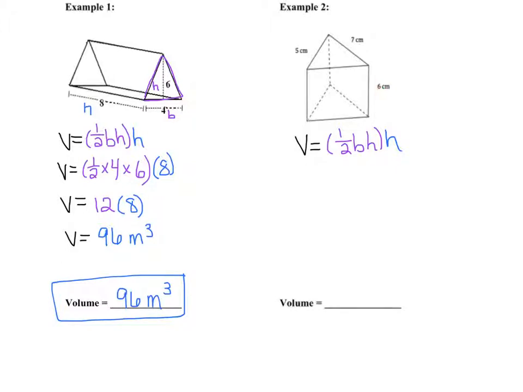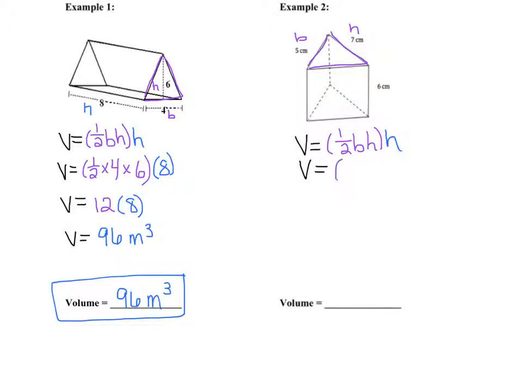So now let's identify the base in the triangular prism. And here is our base right here. So our base and our height of that triangle, our base is 5 and our height is 7. So let's plug that in, substitute in the equation.